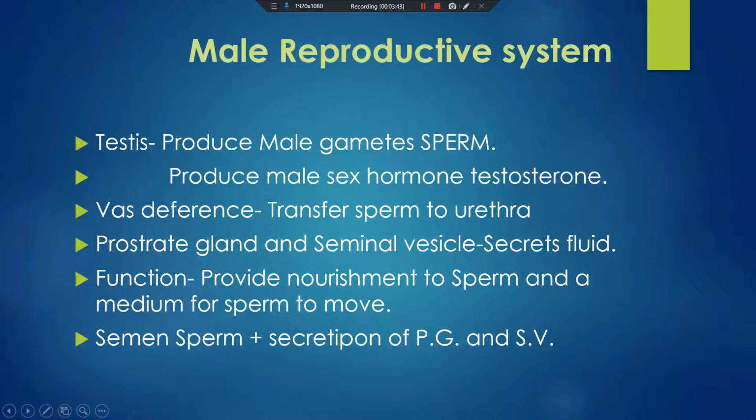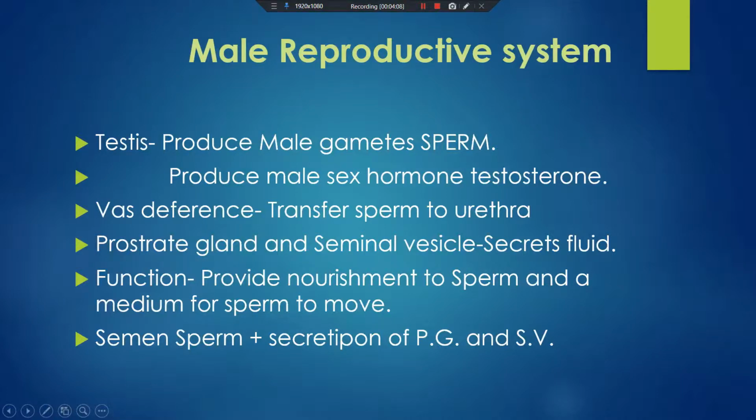Semen is a word used for the sperm plus the secretion of the prostate gland and seminal vesicle. Combined, it is known as semen. So this was a brief introduction to the male reproductive system.